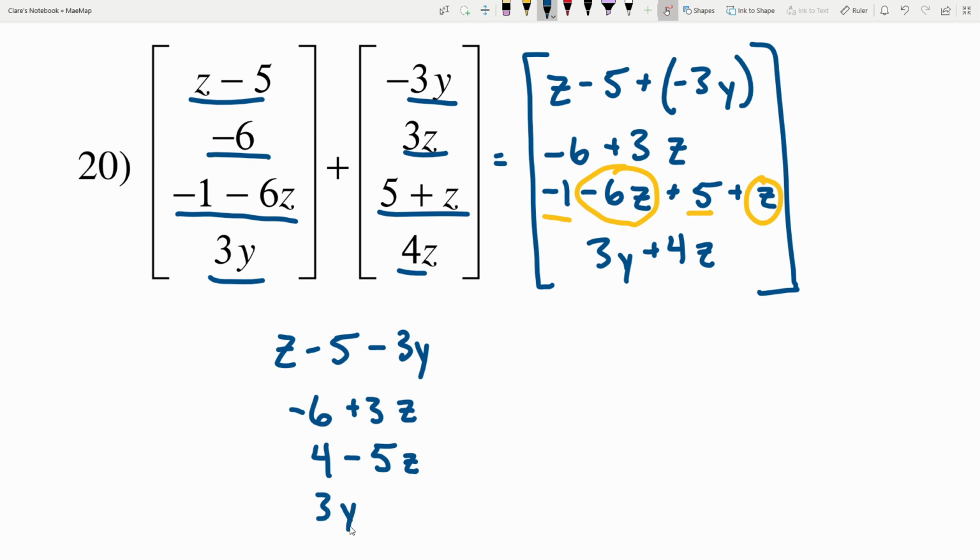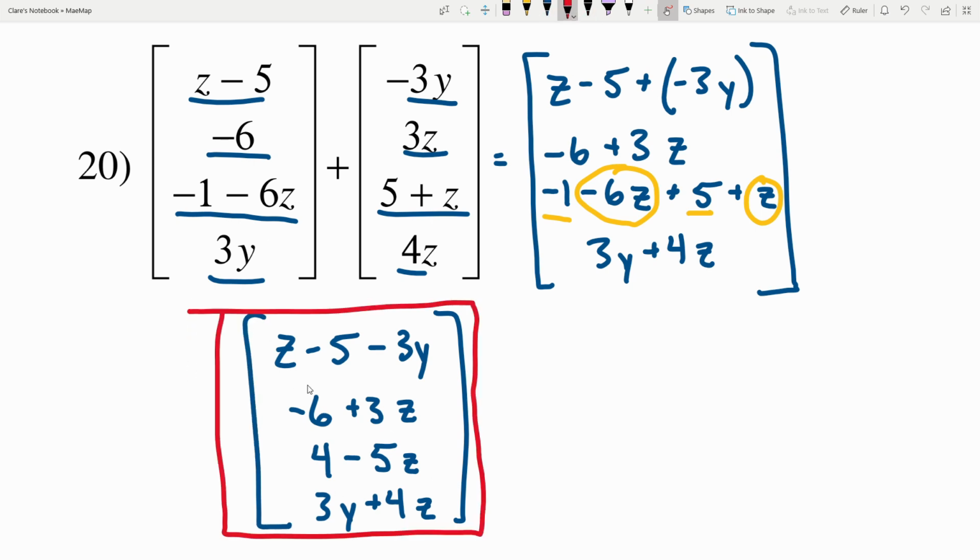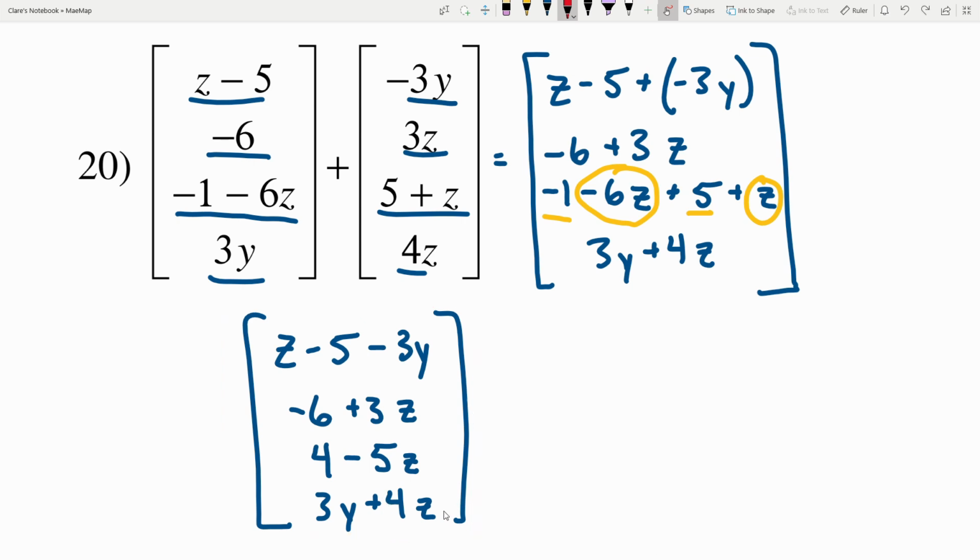That will still remain a 3y plus 4z because there are no like terms. And that's my final solution in number 20. Z minus 5 minus 3y is my first row, negative 6 plus 3z is my second row, 4 minus 5z is my third row, and 3y plus 4z is my last row, row number 4.